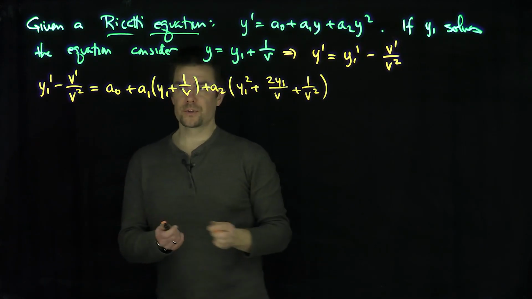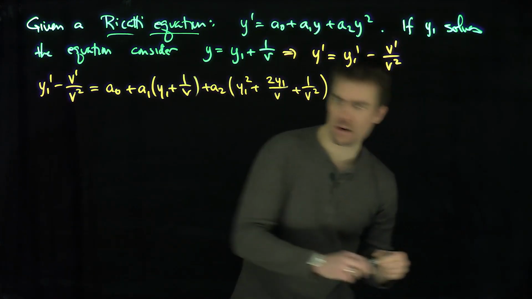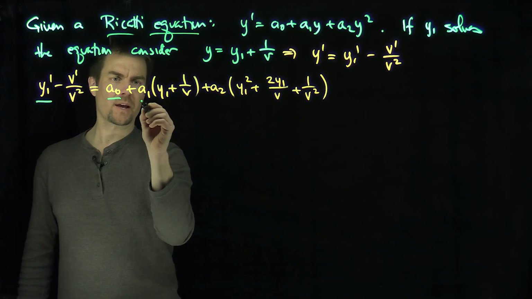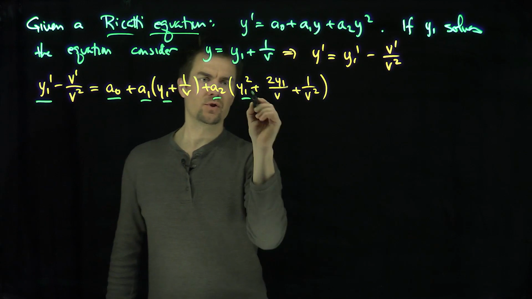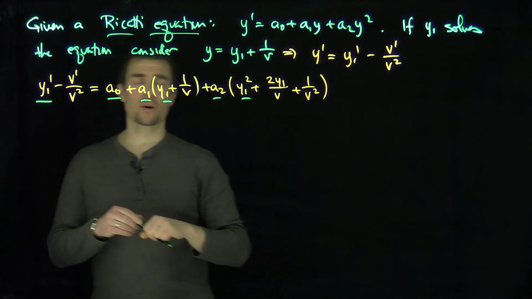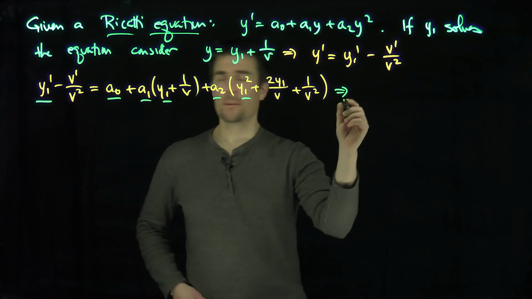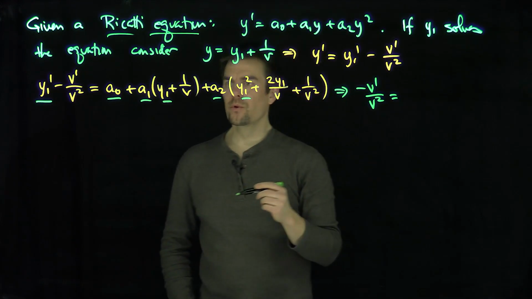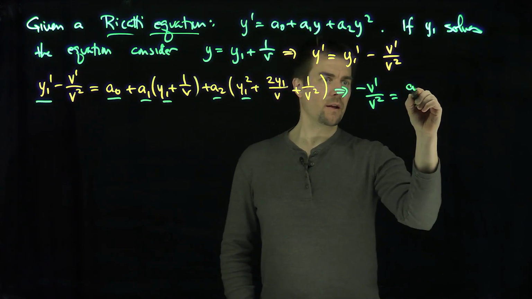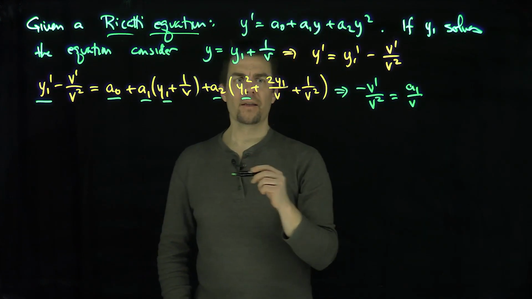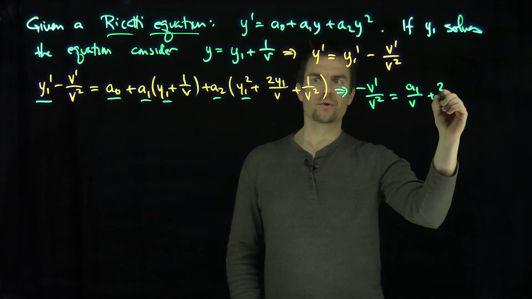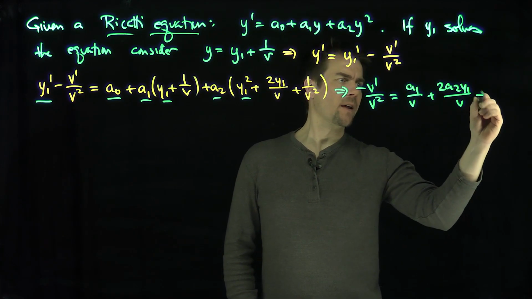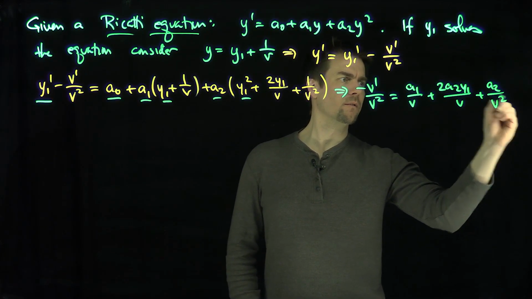Now, look at these terms: y1 prime, a0, a1 y1, and a2 y1 squared. Those terms are going to cancel out, and so this equation becomes negative v prime over v squared is equal to what's left over: a1 over v, plus 2 a2 y1 over v, plus a2 over v squared.